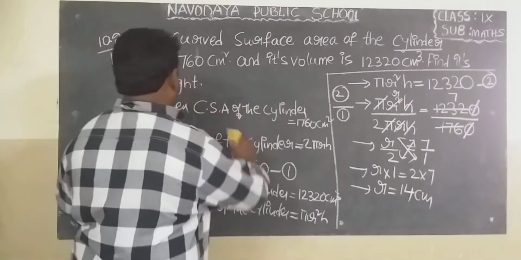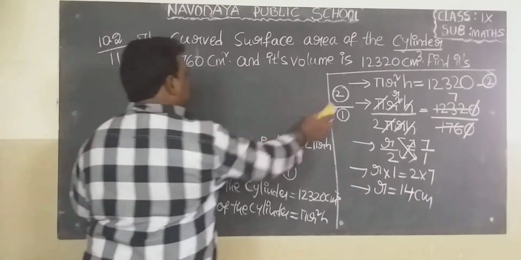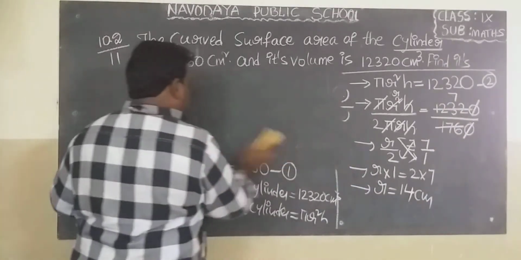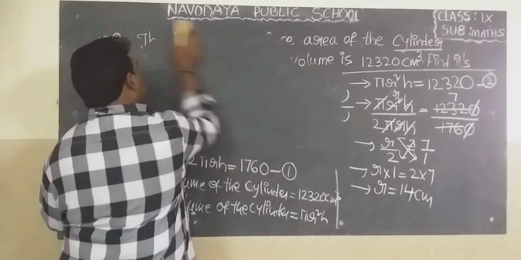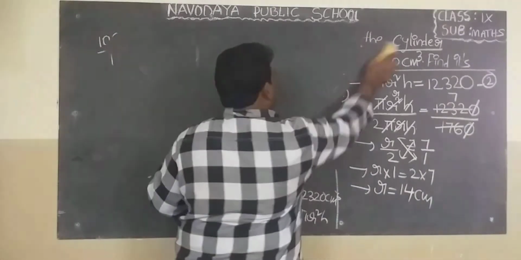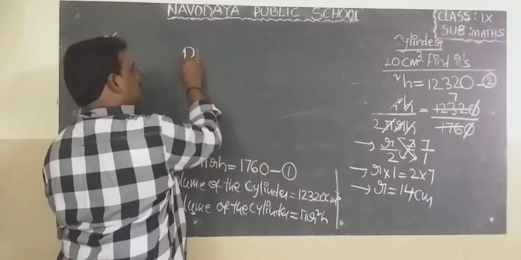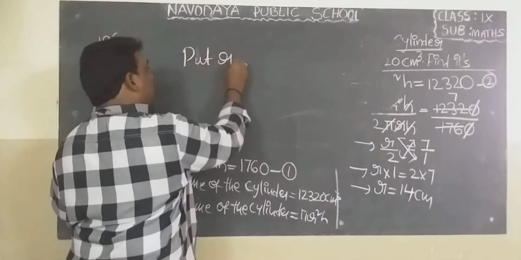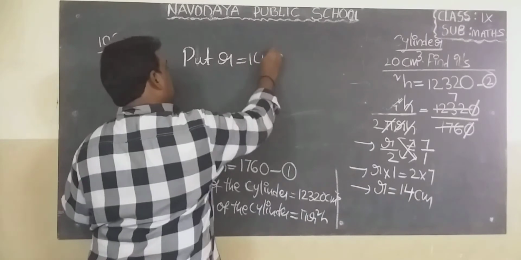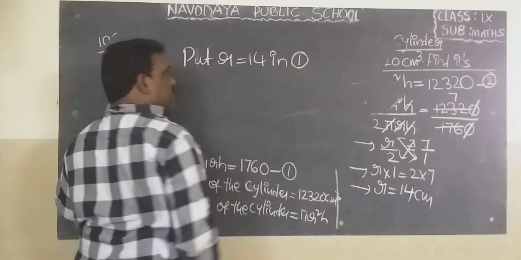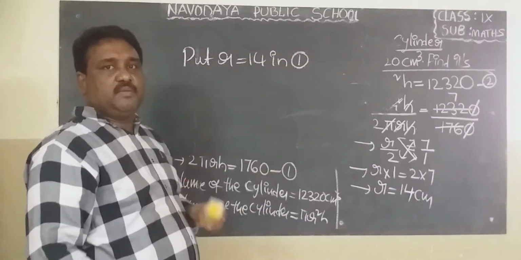Now we need to find out the height. Substitute the r value either in equation 1 or in equation 2 to get the h value. Your wish. Equation 1 is easy and small.